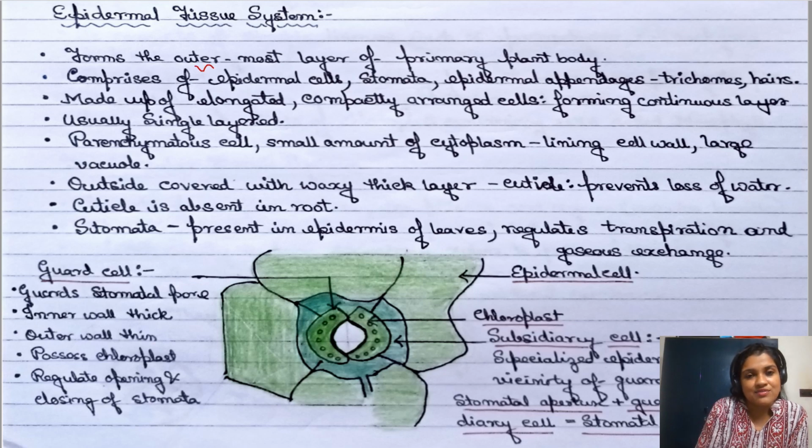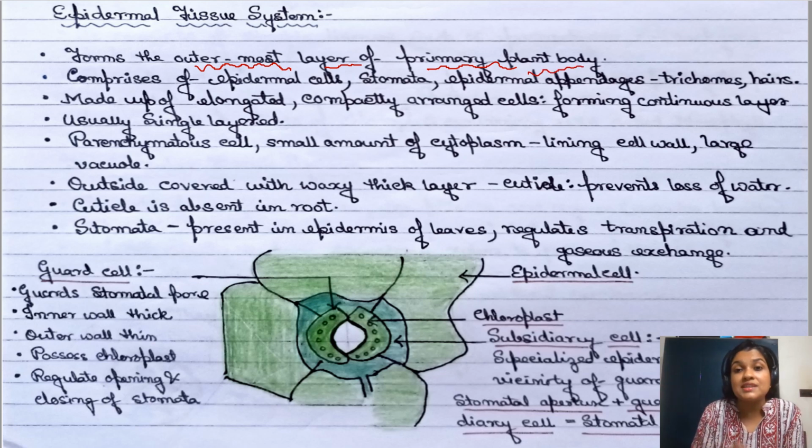This forms the outermost layer of the primary plant body. It comprises epidermal cells, and a few epidermal cells have stomata, because we know stomata is very essential for plants.